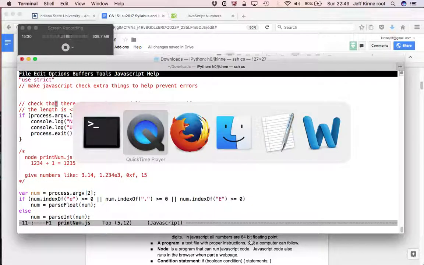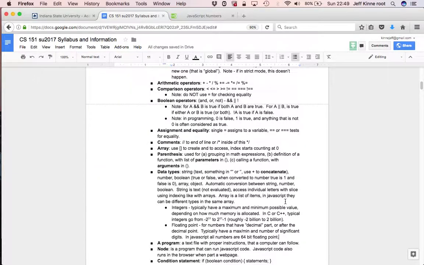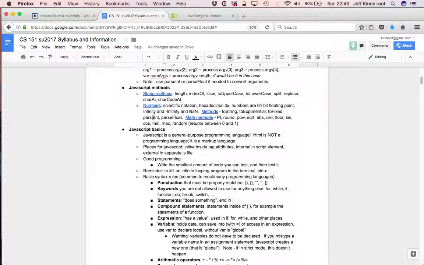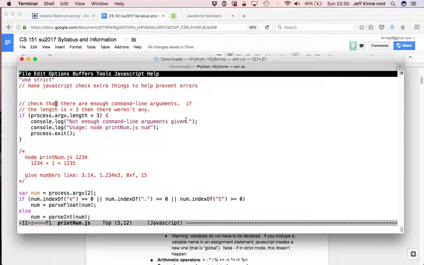Now let's take a look at the other list of functions that are available to us. Okay, so we have parseInt, parseFloat. These numbers, infinity and negative infinity, we should do something there too. Let's save this and call it limits, num limits.